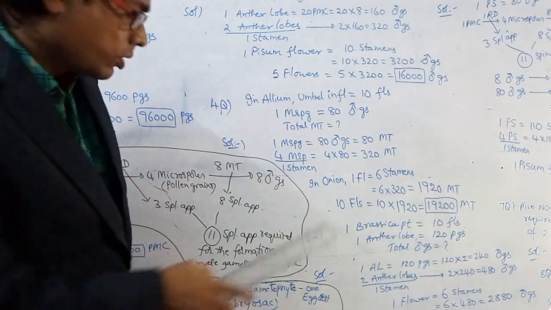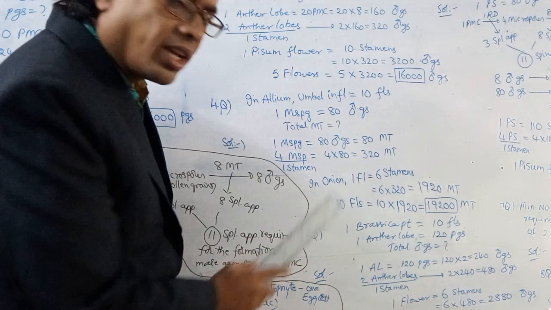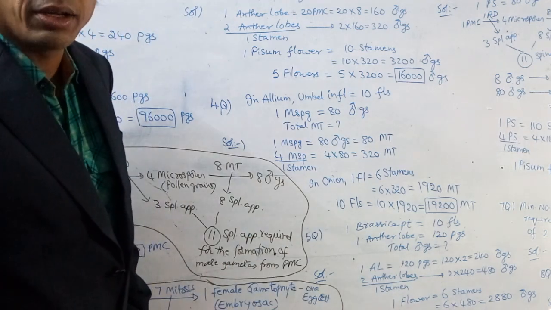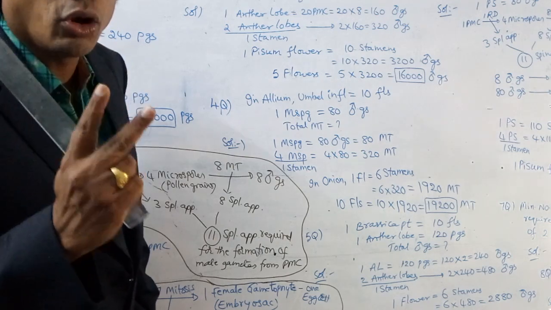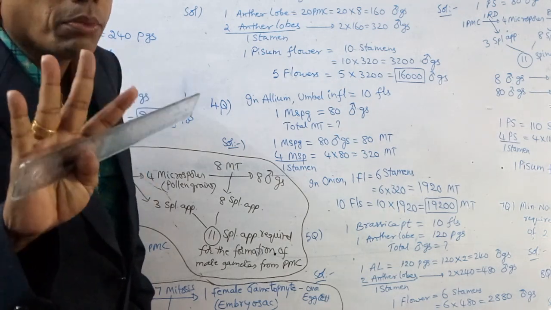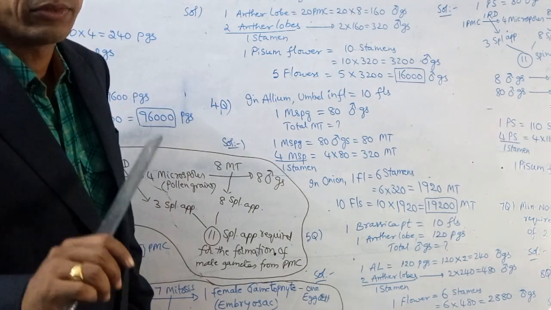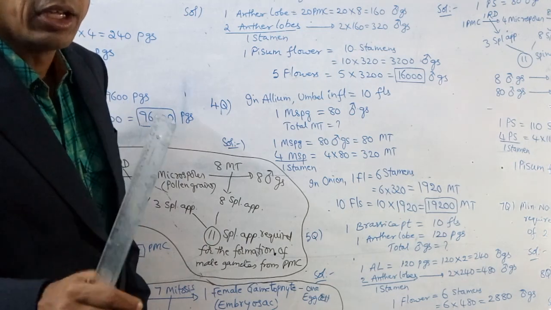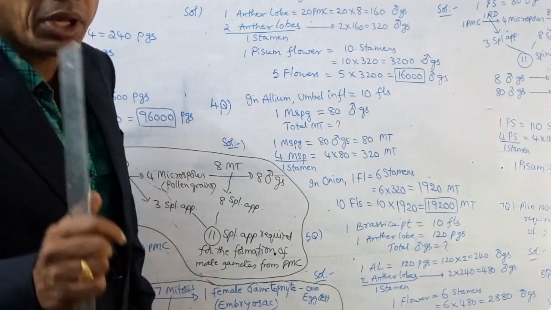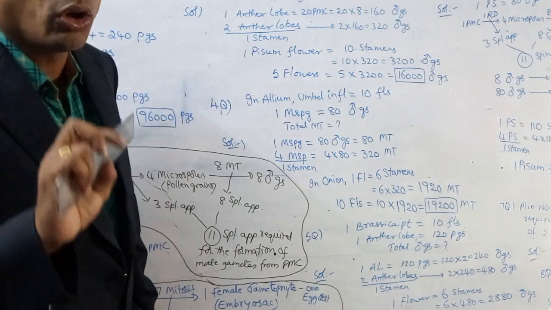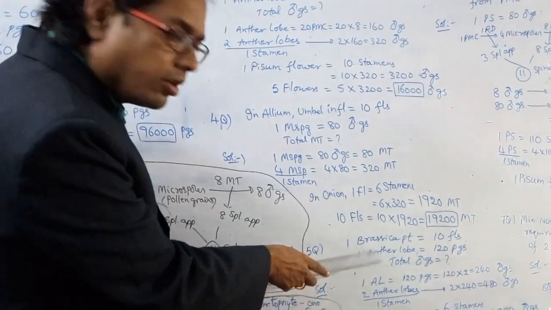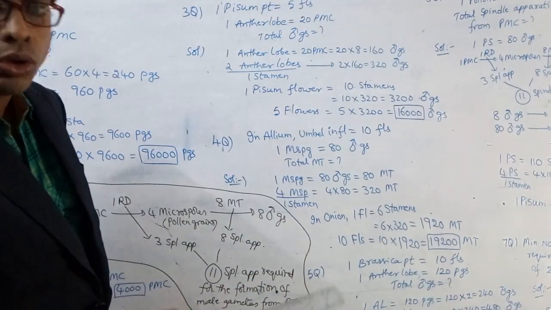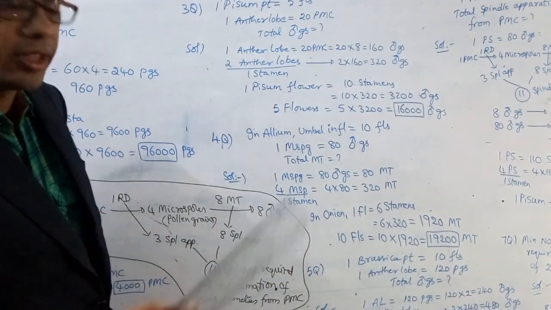Sorry, Brassica is a dithecous stamen. Dithecous stamen means it contains 2 anther lobes and 4 microsporangia. Again I am repeating, dithecous stamen contains 2 anther lobes and 4 microsporangia. Here anther lobe is given, so we have to calculate 2 anther lobes for one stamen, like that.